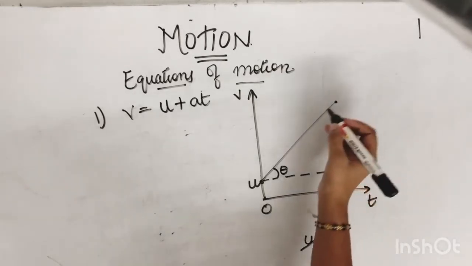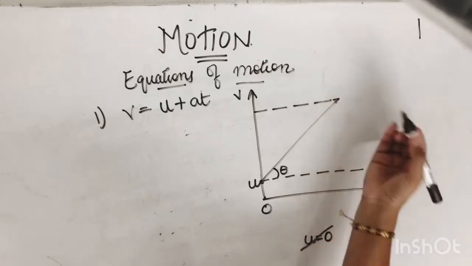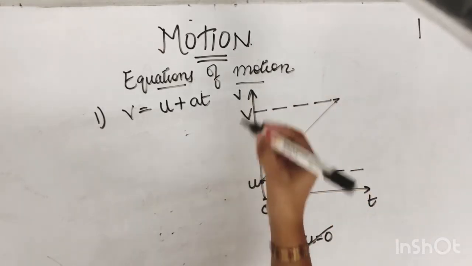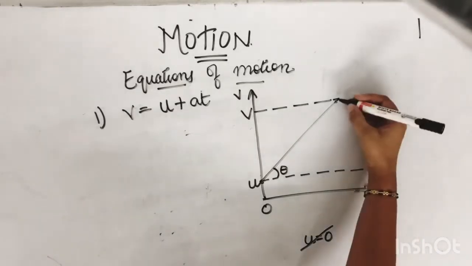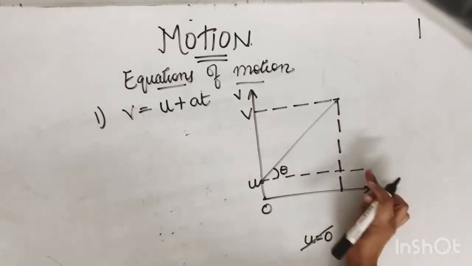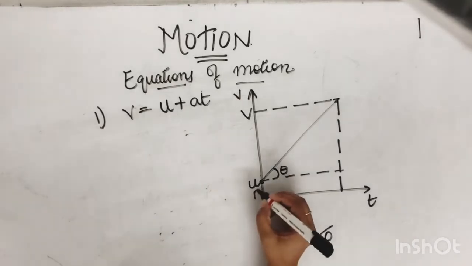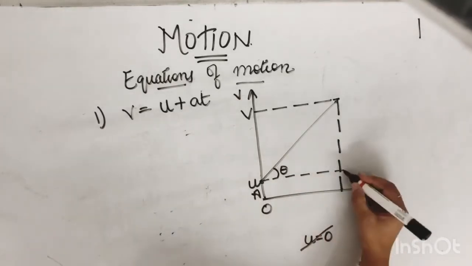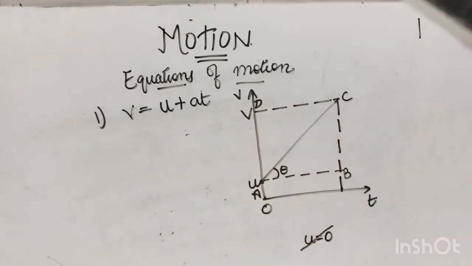So this velocity will draw a perpendicular to y-axis, and this velocity will be final velocity, that is v. Again draw a perpendicular on x-axis. Name the points. Take this point as A, B, C and D.